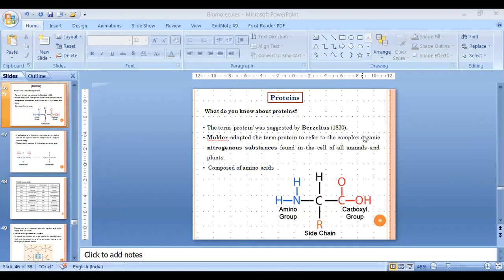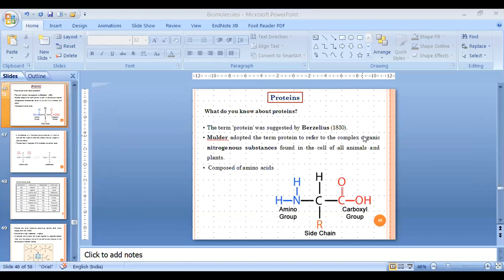After that, Mulder, who adopted and carried forward what Berzelius said, said that it is a complex organic nitrogenous substance present in all animals and plants. So he said proteins are nitrogenous substances, meaning compounds in which nitrogen is present.